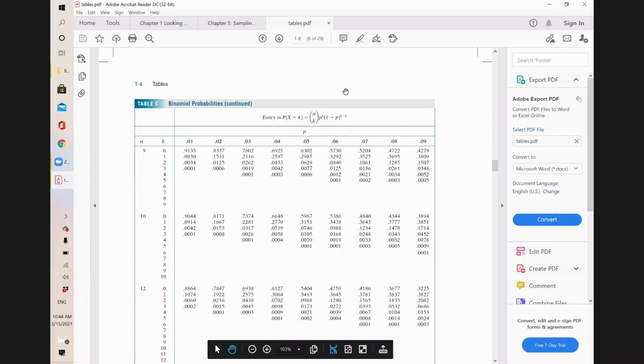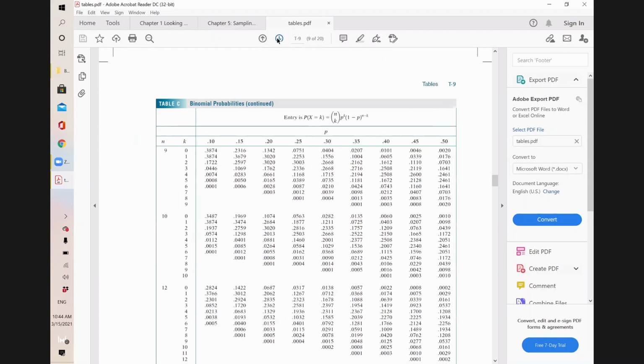But the p we said in our example that we are doing now is 0.45. Is 0.45 here, guys? Here the numbers in the first row are p. Then is p equal to 0.45? No, it is not there. But once we move to the next page, here n equals 12 and p is equal to 0.45.